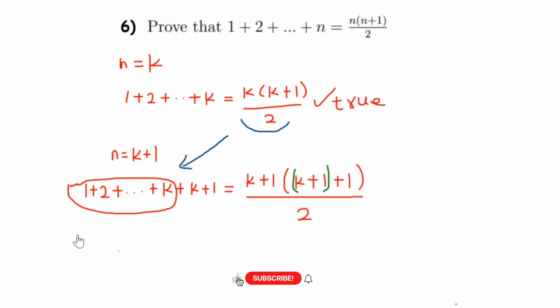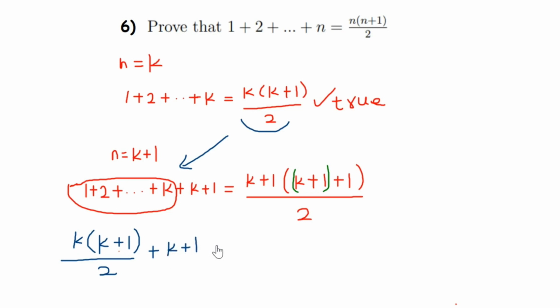So you have k multiplying k plus 1, all divided by 2, all this plus the k plus 1. So this should be equal to k plus 1, and then simplify what's in the bracket: this k plus 1 plus this one here, so that's k plus 2.